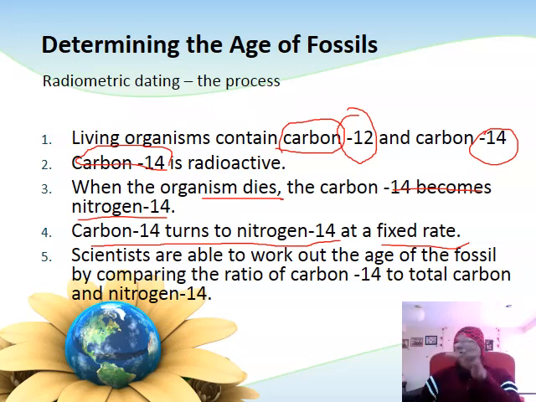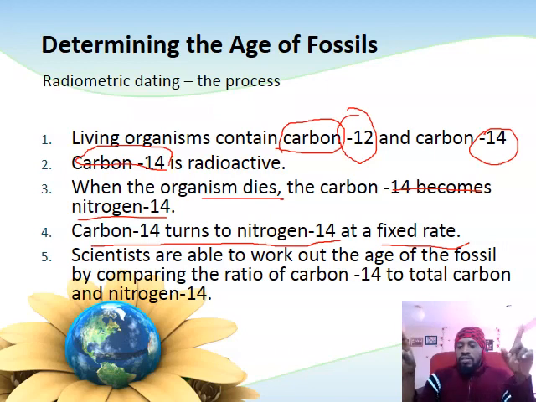So we have fixed amounts of the two elements at every given time. Originally there should be, say, 100 carbon-14 and 0 nitrogen-14.